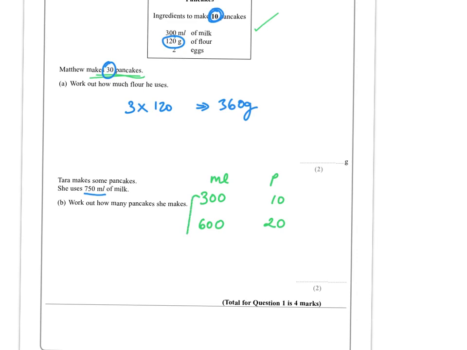And then if you halved the 300 to give you 150, you'd have to halve the 10 to give you 5. And then 600 and 150 is 750 mils altogether. And then you would have to add 20 and 5 together. So I would give 25 as the answer.